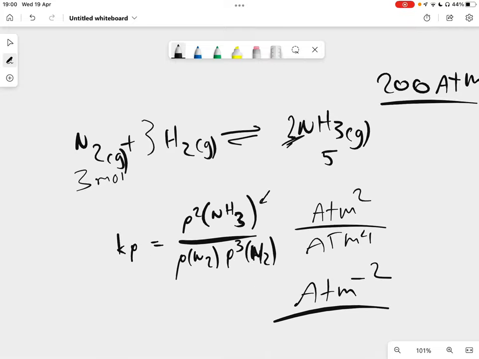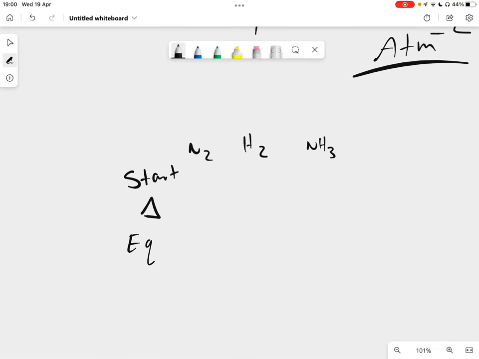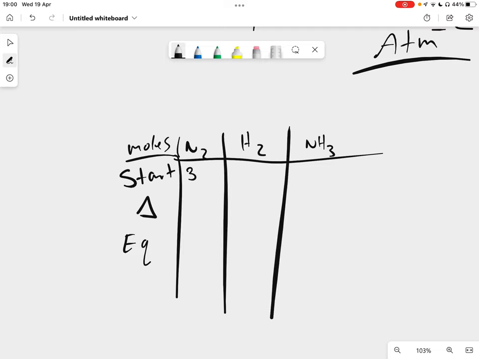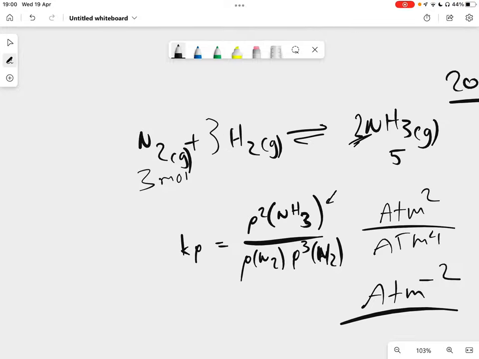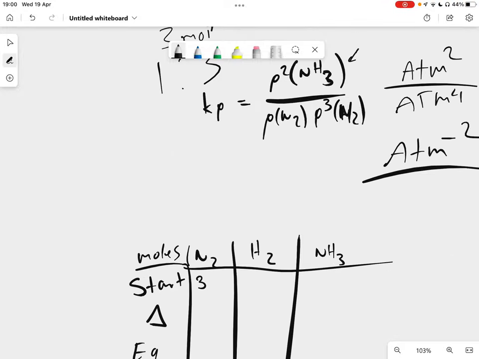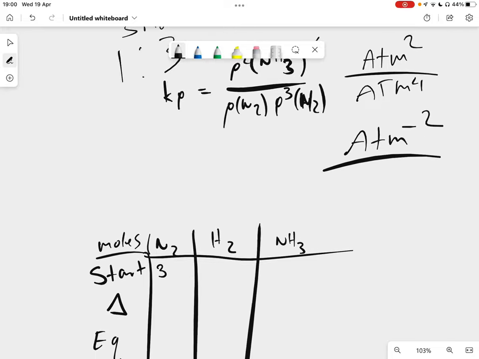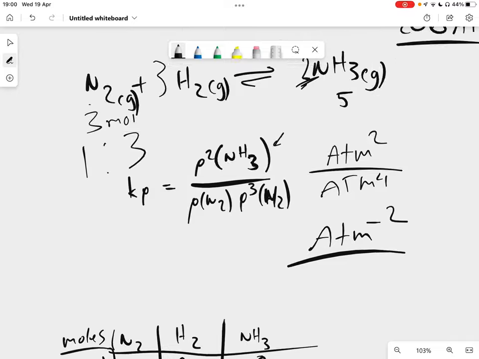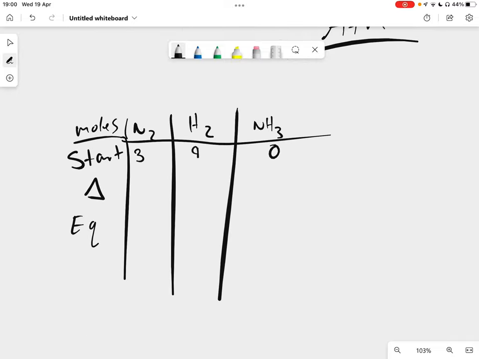So we're told we have 3 moles of N2 to start off with. So we put in 3 here. Now this is a stoichiometry 1 to 3 ratio, so times that by 3. We get 9 moles of H2, and at the start of the reaction we have 0. Now, at equilibrium, we're told that this has 5 moles. So the change in this is plus 5.